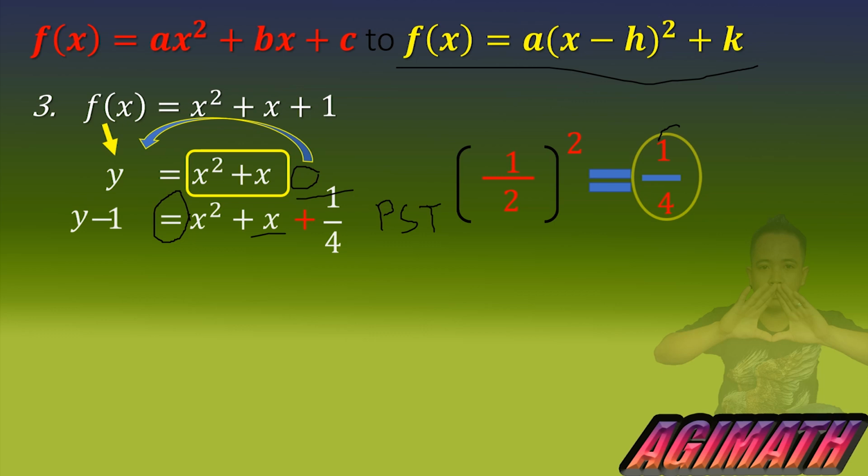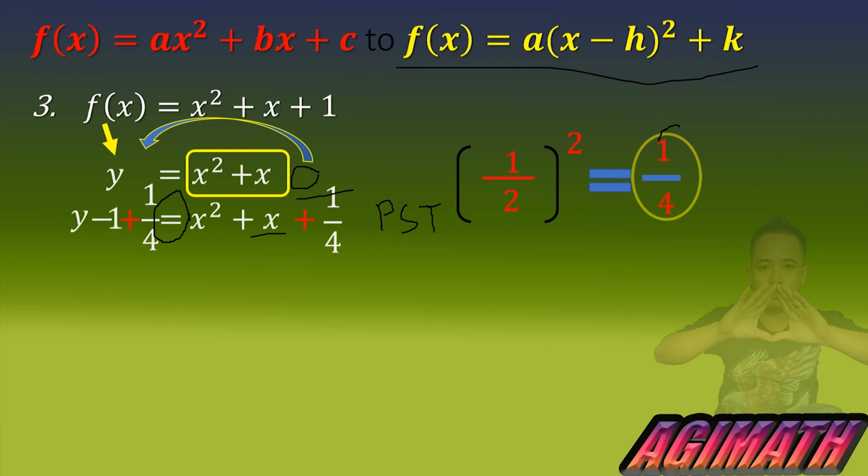So to maintain the sense of equality, what I added on this side should also be added to the other side. That's why I'm going to add 1/4 also. Again, to maintain the sense of equality, you should do the same thing on both sides. That's the basic. And since we added 1/4 on this side, we should also add 1/4 on the other side.